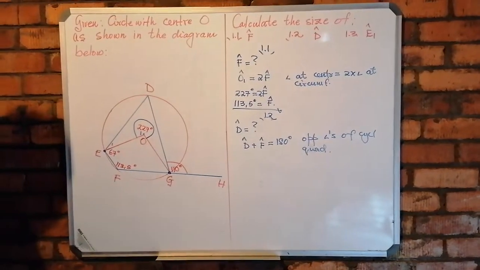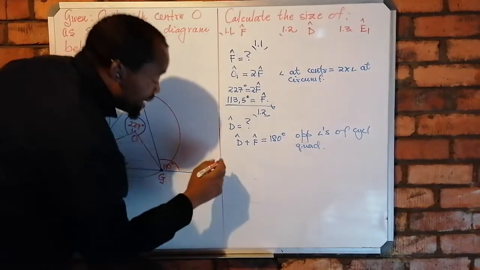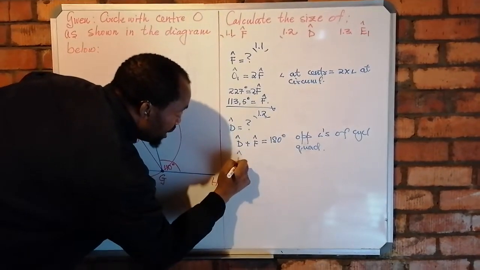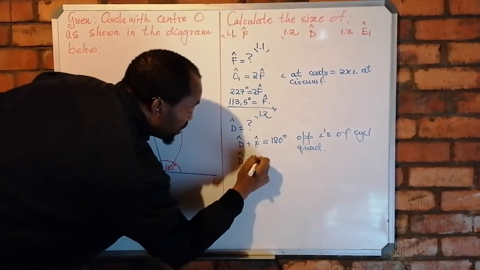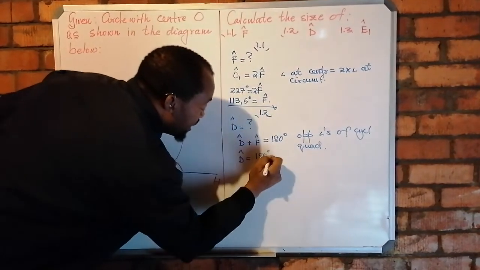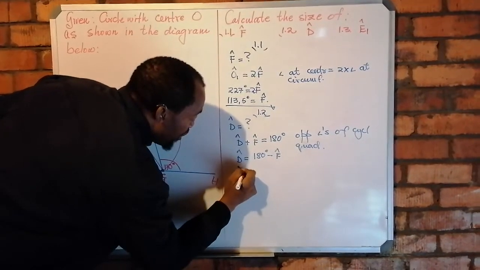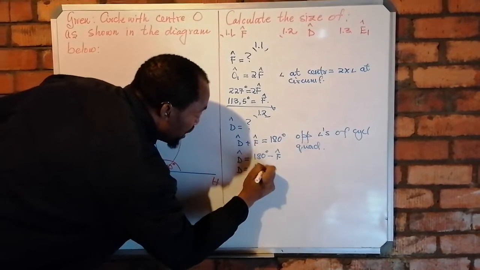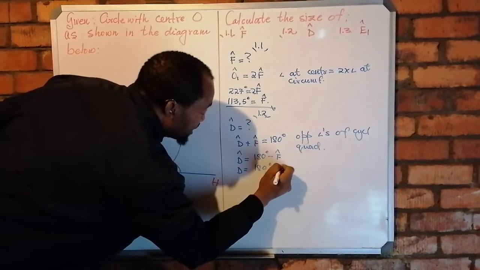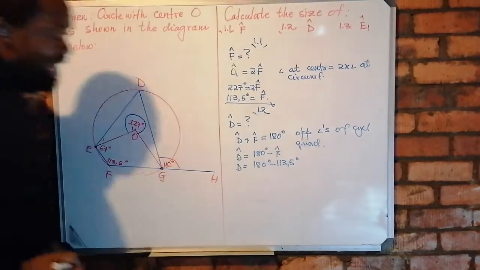Now, we are looking for angle D. Let's make angle D the subject of the formula. That is angle D is equal to 180 degrees minus angle F. Therefore, angle D is equal to 180 degrees minus 113.5 degrees.